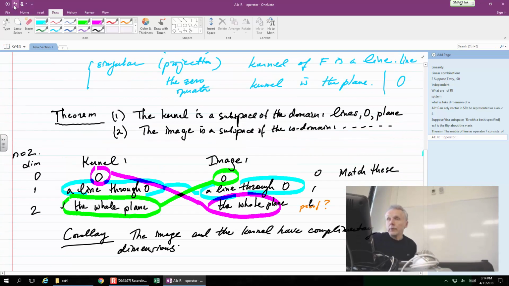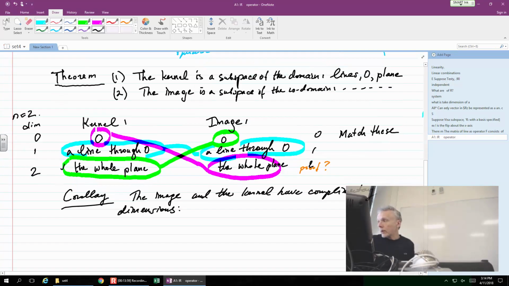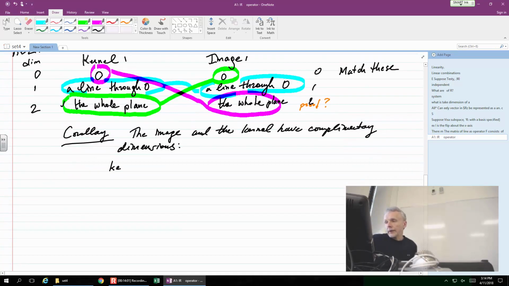By which I could put it in algebraic form like this. Well, the image first. That is my image. So if our linear operator is A, then Im A is its image. Ker is the kernel, and they add up to n.